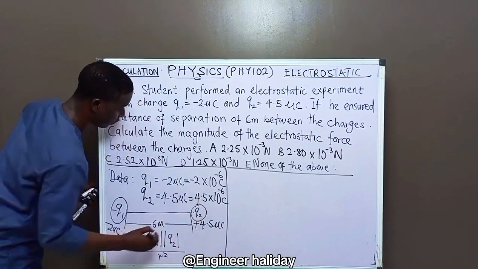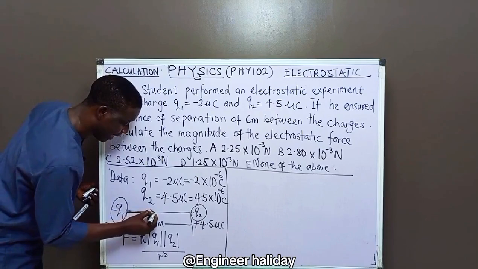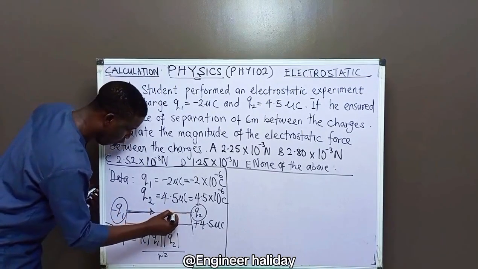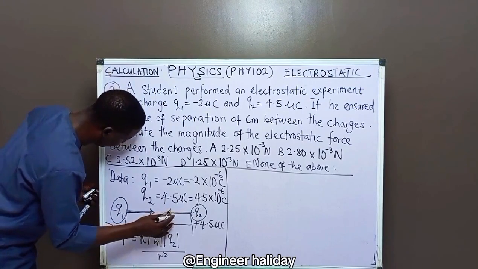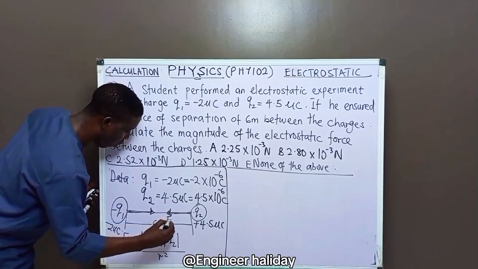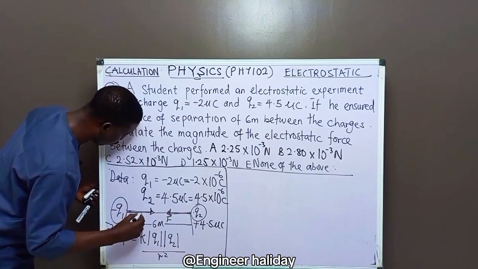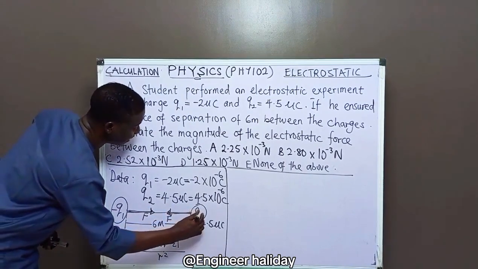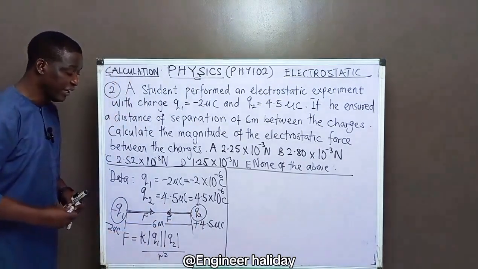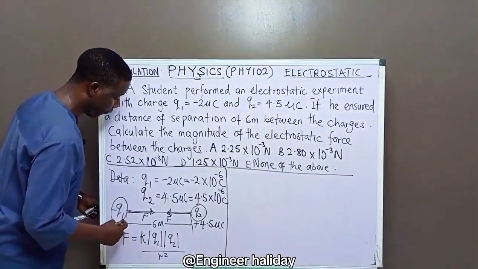So they will attract along the line of action, and they will obey Newton's third law of motion, meaning that the force of Q1 on Q2 is equal to the force of Q2 on Q1.